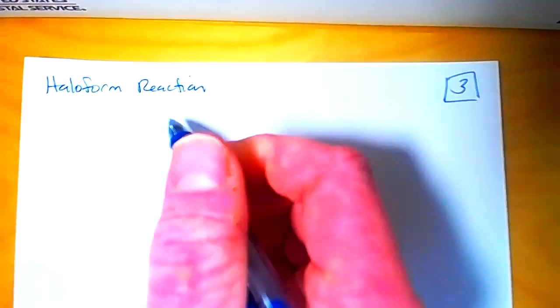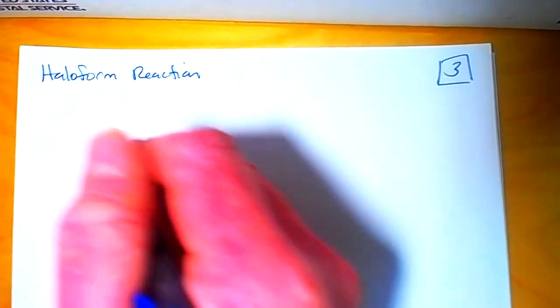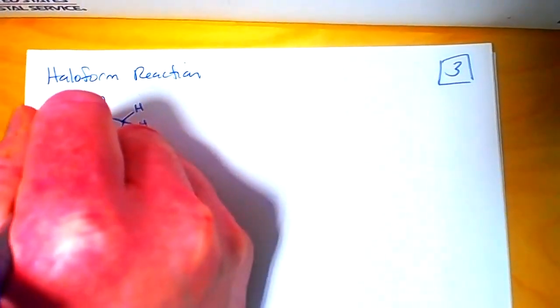Now I want to go back to a reaction that we talked about in chapter 17, and that I said we would come back and address the mechanism, and that is the haloform reaction, which is going to be the first one that we're going to be talking about in this unit. So this particular reaction specifically is for methyl ketones. And so you have a methyl group here on that ketone.